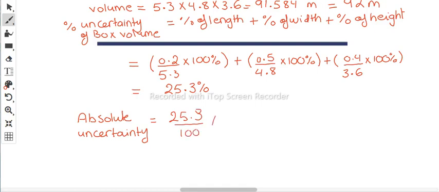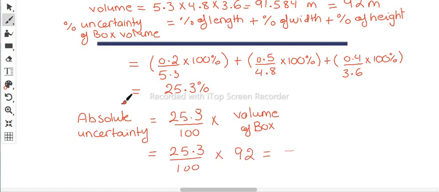Then you're going to multiply by the volume of the box, which is the value that you have obtained previously. So I'm going to take now 25.3 over my 100, and I'm going to multiply by my volume, which was the 92.